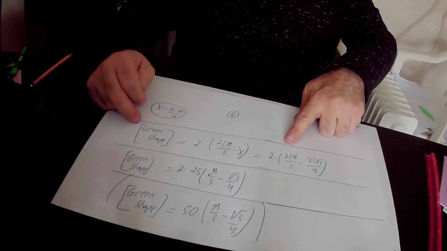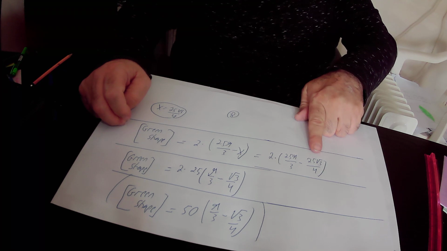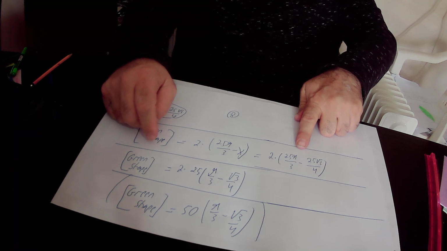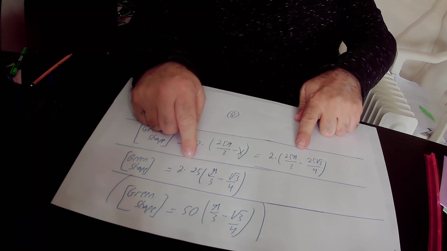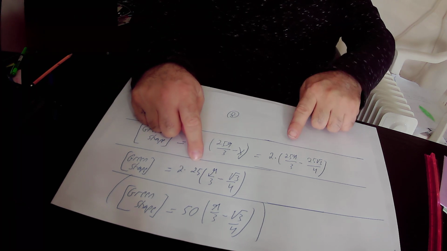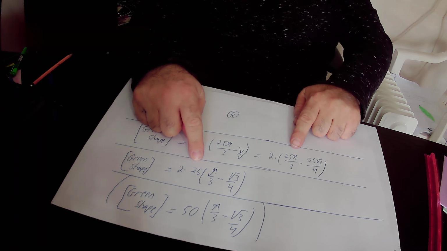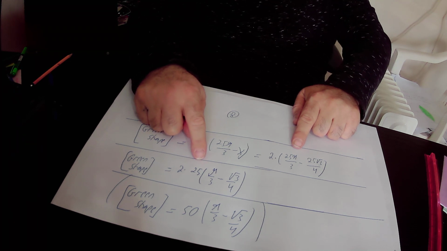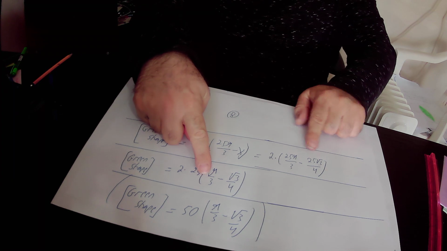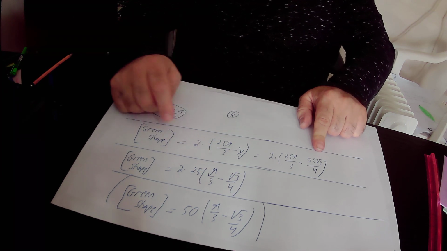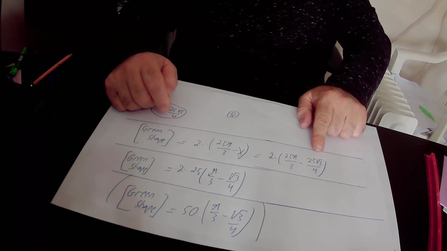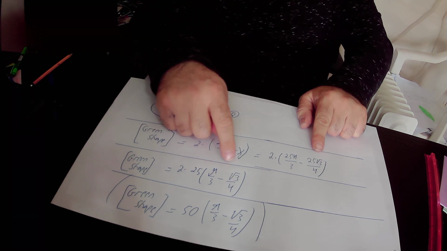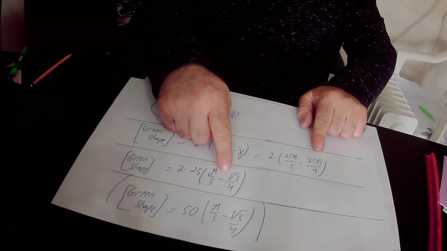Here we took 25 out as a common factor, and we got that the area of the green shape equals 2 times 25, and what is left from 25 pi over 3 is pi over 3. What is left from 25 times root of 3 over 4 is minus square root of 3 over 4.